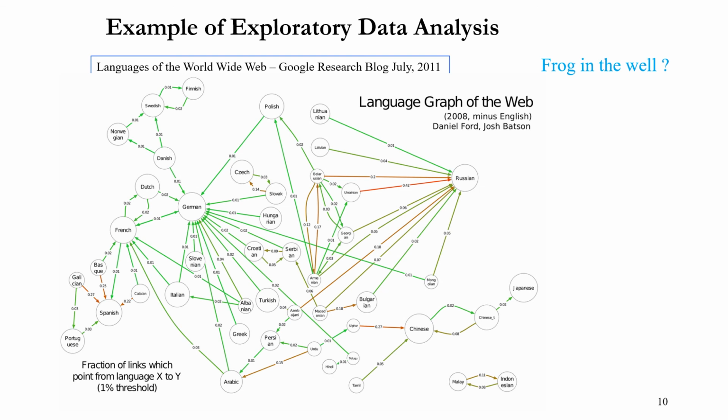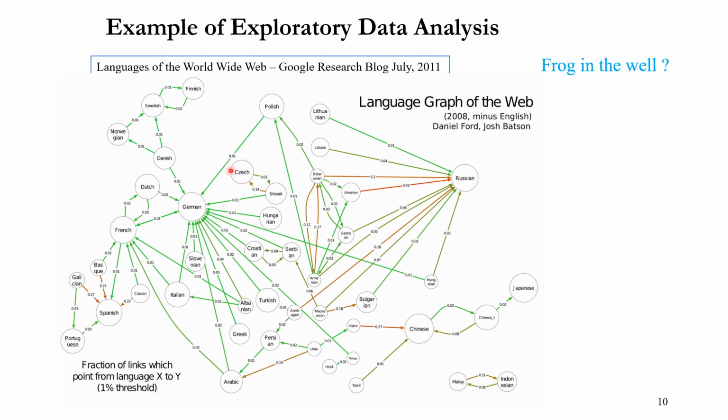This slide actually is not about machine learning, but I thought it was interesting. This picture shows the relationship of web pages in many different languages. For example, these are the web pages written in German, and let's say this is web pages in Polish.